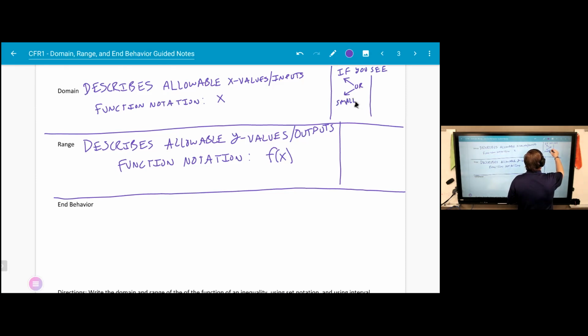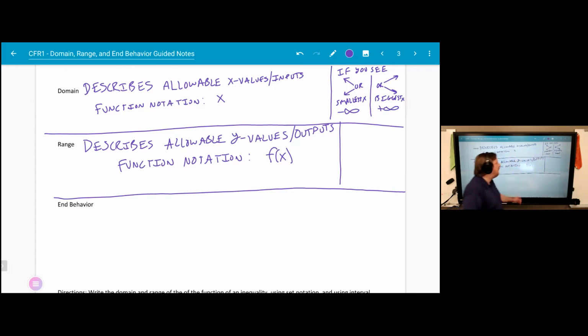Smallest x is negative infinity. If you see arrows pointing the other way, if you see arrows pointing up and to the right or down and to the right, your biggest x will be positive infinity. That's because as I'm going this way, they'll never stop growing. My x values will never be bounded, will never stop.